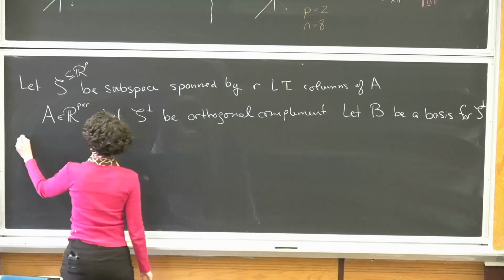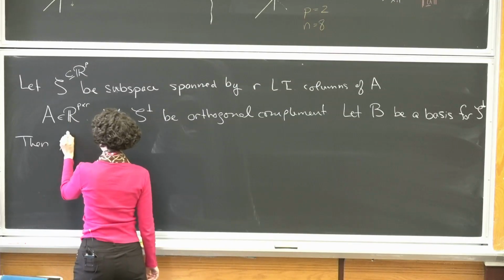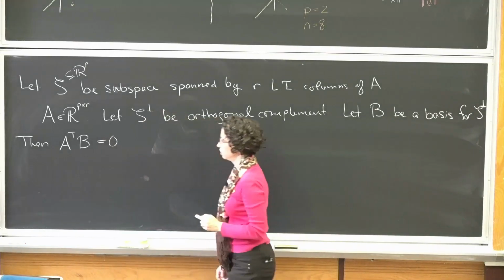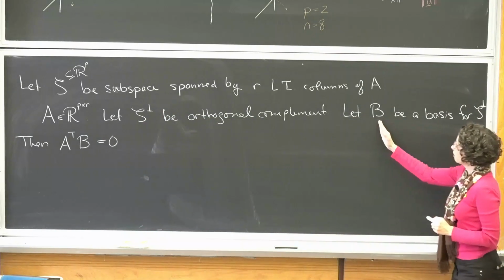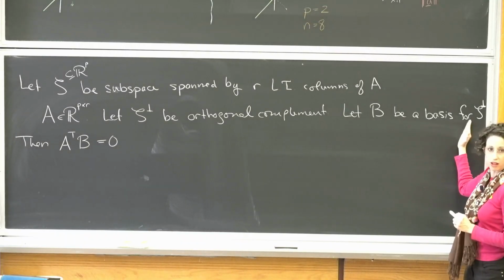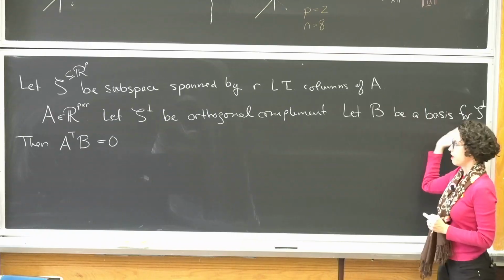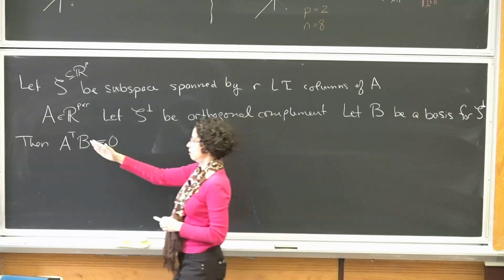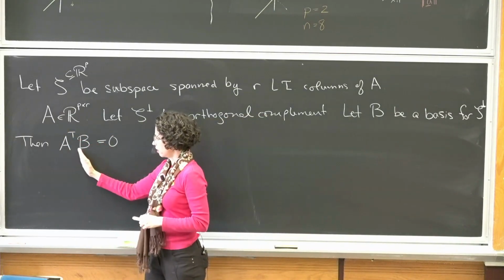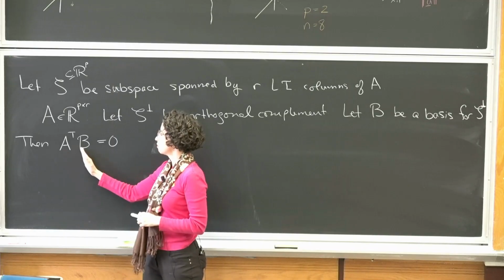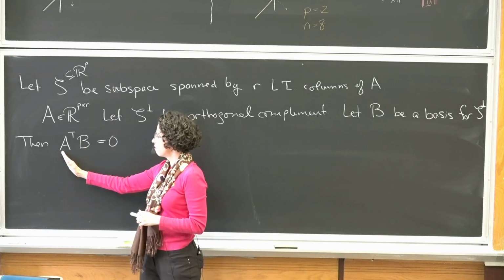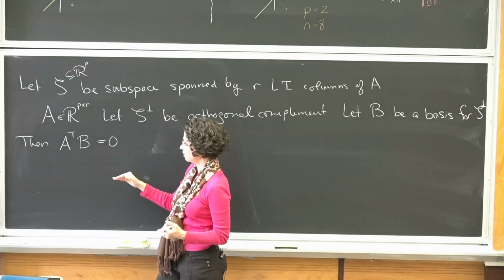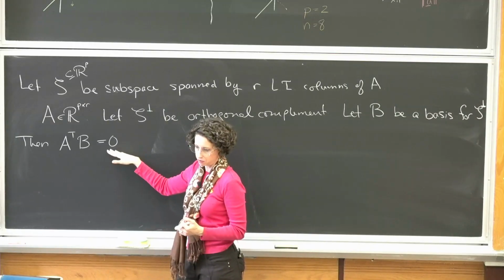Because of that, if we were to look at the product A transpose times B, that is going to have to equal 0. Because every column of B, since it's in the orthogonal complement of the subspace, has to be perpendicular to every column of A. And when we compute this product, A transpose B, we are computing the inner products of every column of A with every column of B. And we know, just by the definition of orthogonal complement, that all of those inner products have to equal 0.